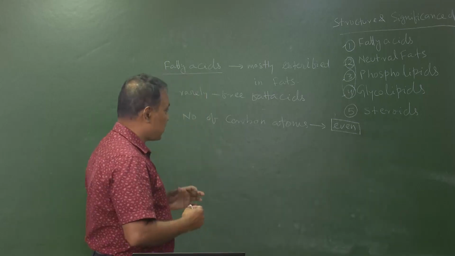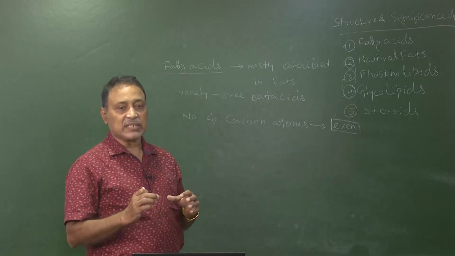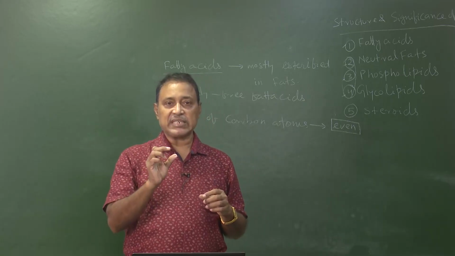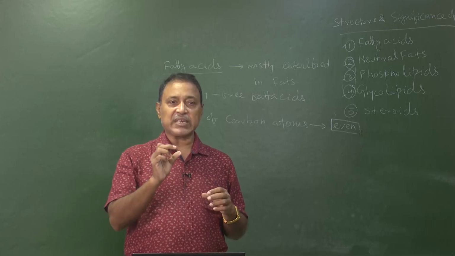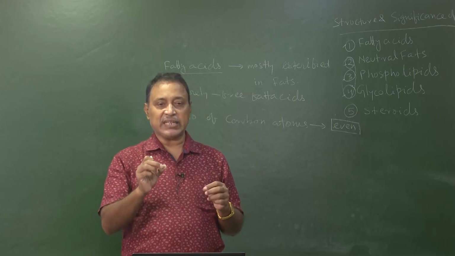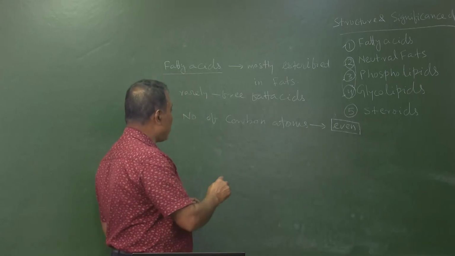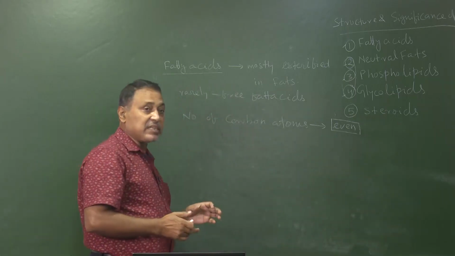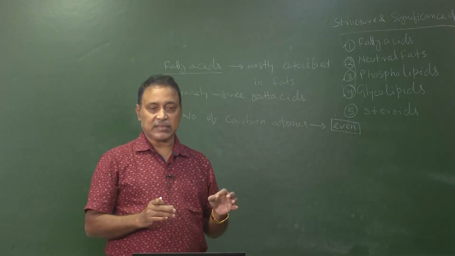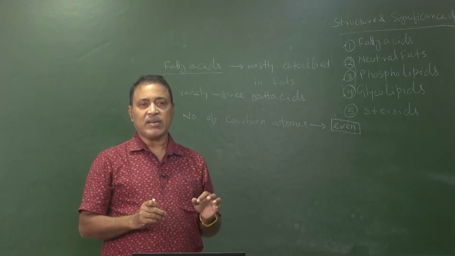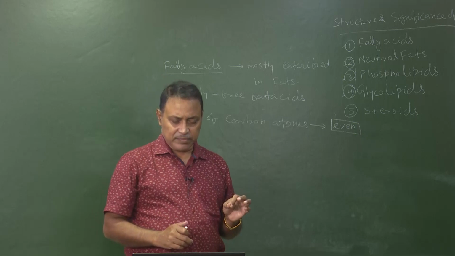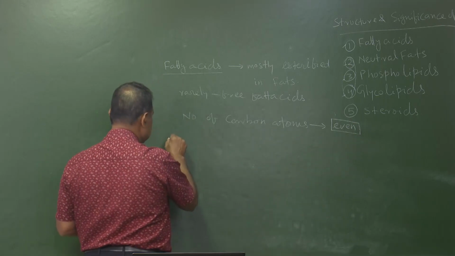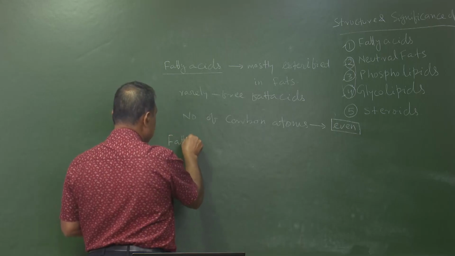Otherwise, we cannot understand. Whenever fatty acids are synthesized, always 2 carbon units, acetate units, are taken and joined one after another. That is why we will always find fatty acids to be even numbered. It doesn't mean that there are no odd numbered fatty acids. Yes, very rarely we find odd numbered fatty acids.